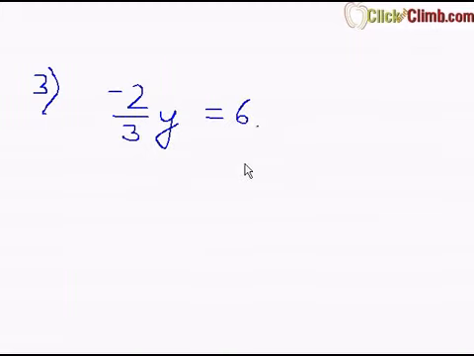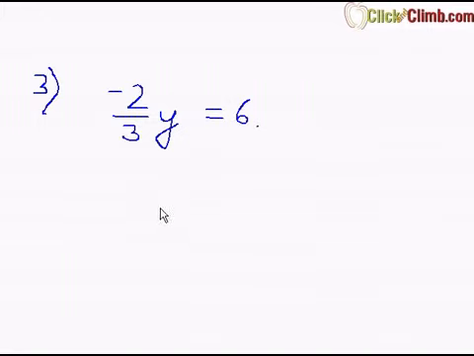Okay, let us take the third example, which says -2/3 of y equals 6. Here two things to notice: in the earlier two examples we had only 1 in the numerator with the variable, and this one has -2. And the other thing is that this one involves negative numbers. It is very simple.